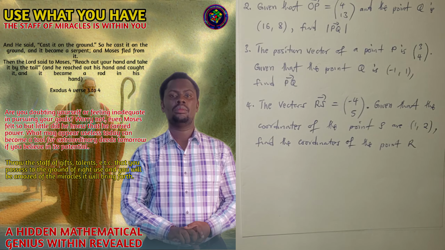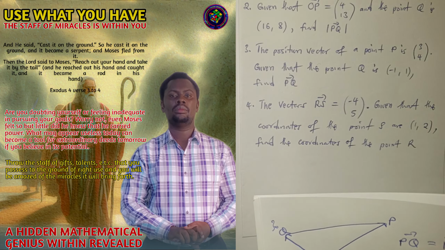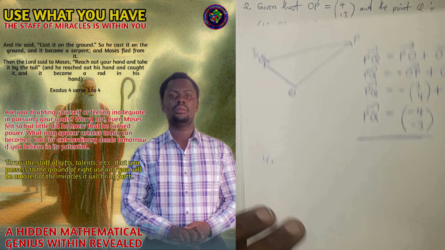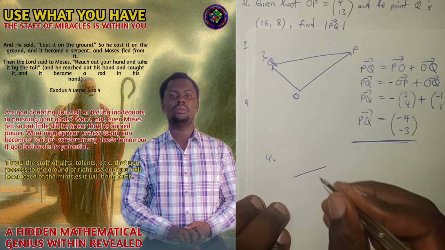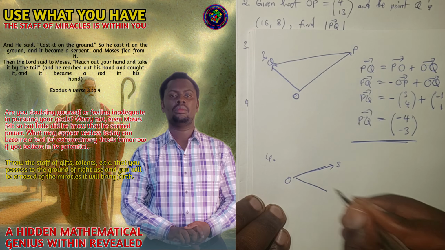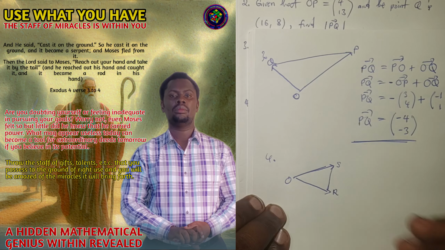Here again we need to picture this. We are supposed to have position vector R and position vector S. Let's say this is the position vector S, then we have position vector R, then we connect these two.